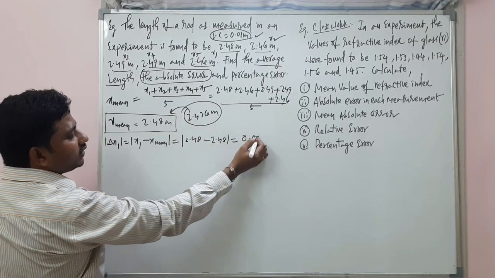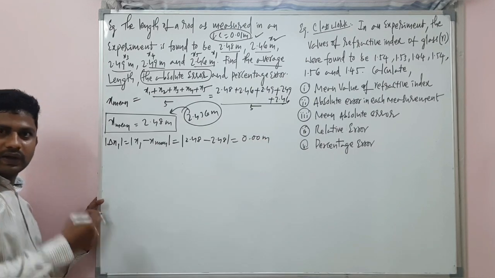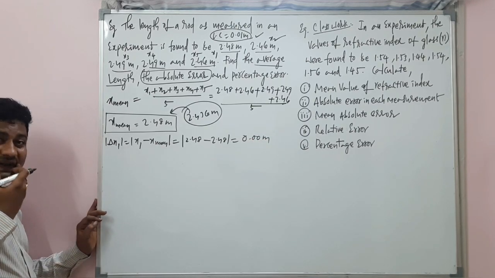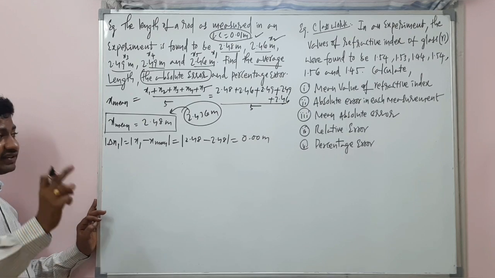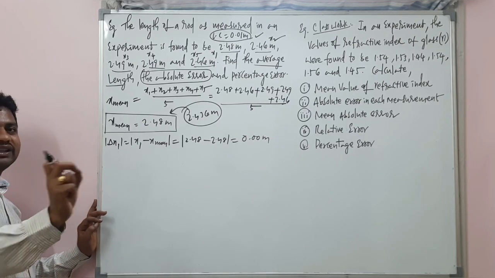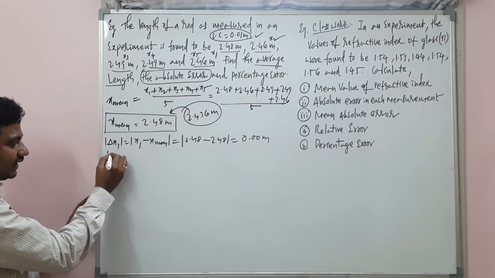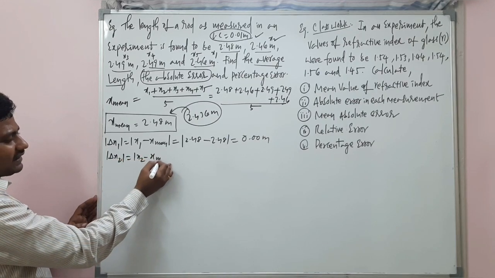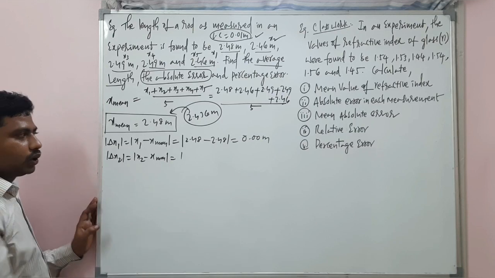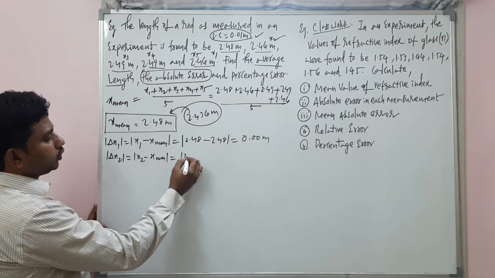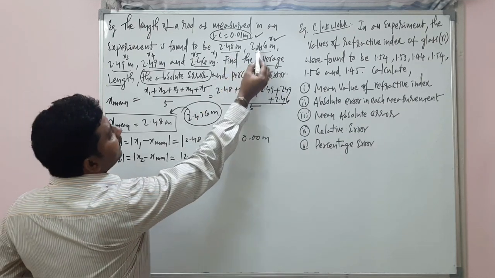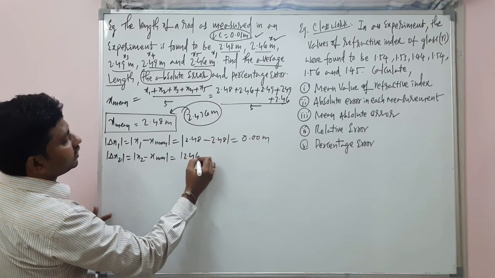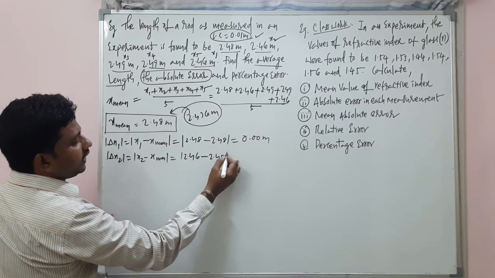I can say it is 0.00 meter. Clear? So this is the absolute error in the first measurement. In the second measurement, absolute error delta x2 is equal to mod of x2 minus x mean. What is the second measurement? 2.46 minus 2.48.